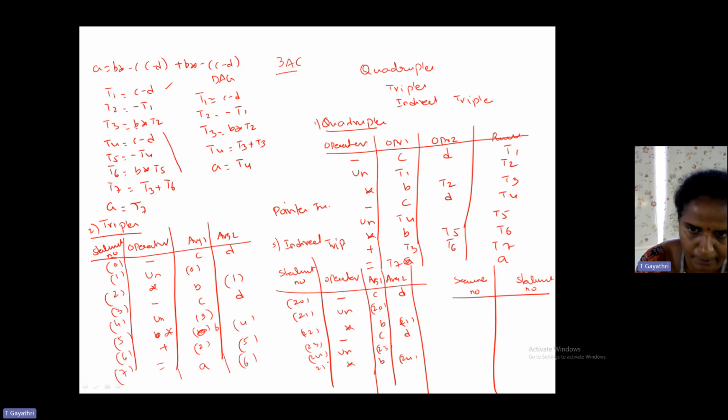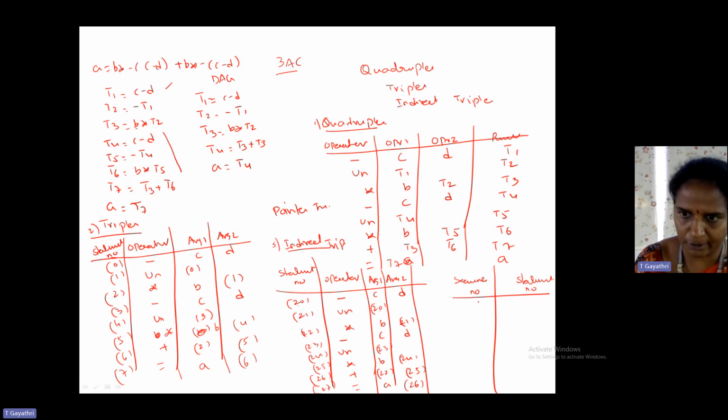That is the 25. And next T3, T6. So plus, T3 is there at 22 and T6 is there at 25. That is a 26 statement. And A equal to T7 is there in the 26 statement. That is the 27. That is the final, the indirect triple representation.